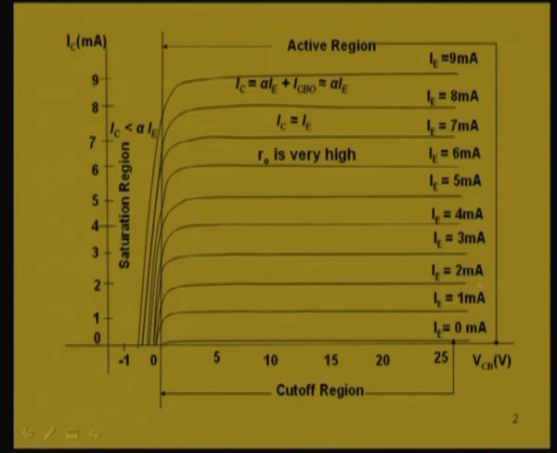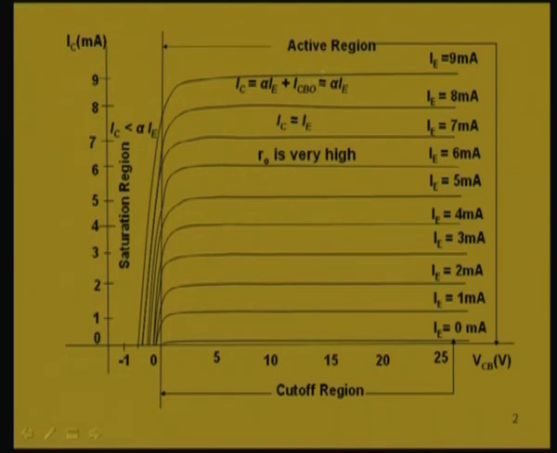Even though we go on increasing VCB, practically the collector current does not vary, because the collector current is not dependent on the collector to base voltage, but only on IE, because IC is equal to alpha times IE plus ICBO.